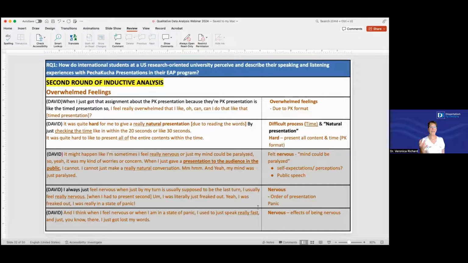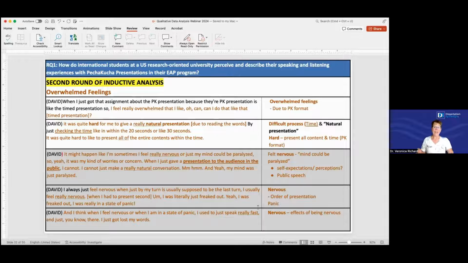Now we see that I have organized the data according to overwhelmed feelings. And I've got all the data here for David regarding those overwhelmed feelings. But look on the right-hand side, I've still got some things about what's causing this overwhelmed feeling.